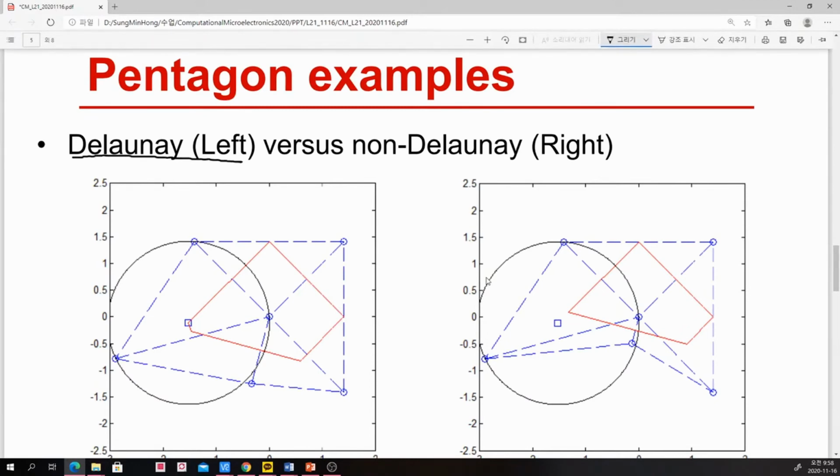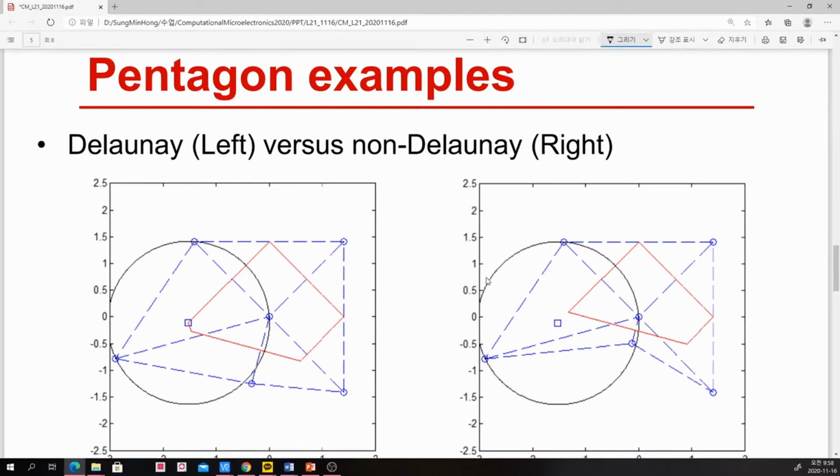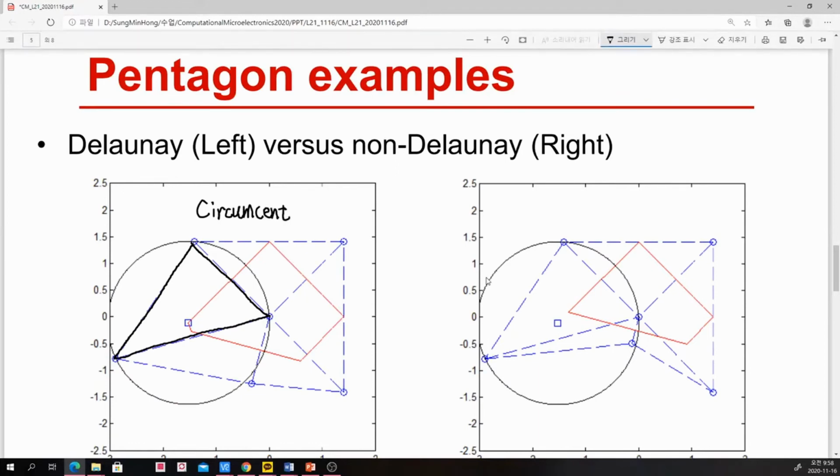So that's the reason why people try to make a mesh satisfy Delaunay discretization. So maybe you are curious about what the Delaunay condition is. Here you can find it. When you have a look at this triangle, its circumcenter can be calculated.